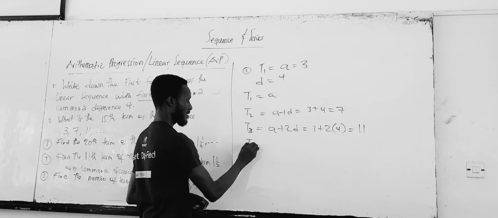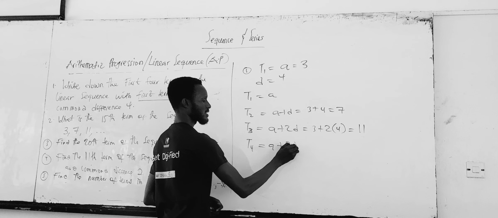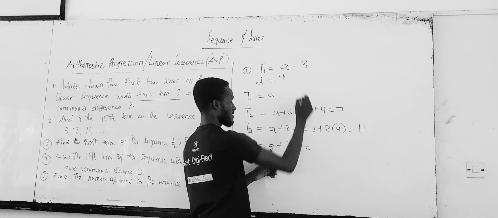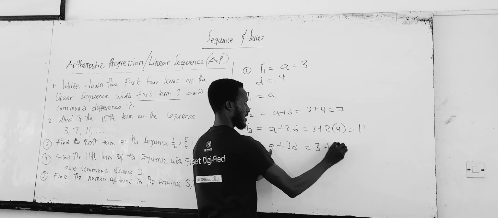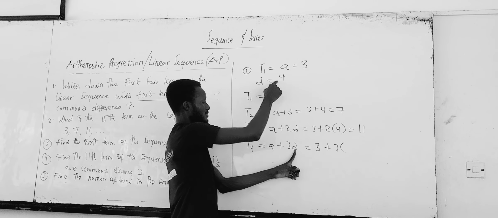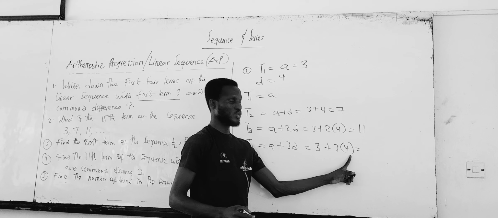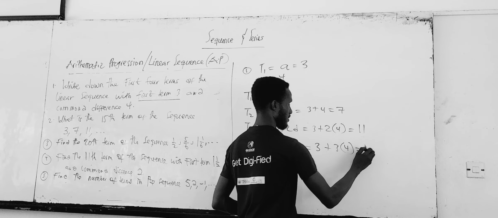Now the fourth term will give us a plus 3d, right? Now the a is 3, and the d is 4. This one will give us 12, and 12 plus 3 will give us 15.